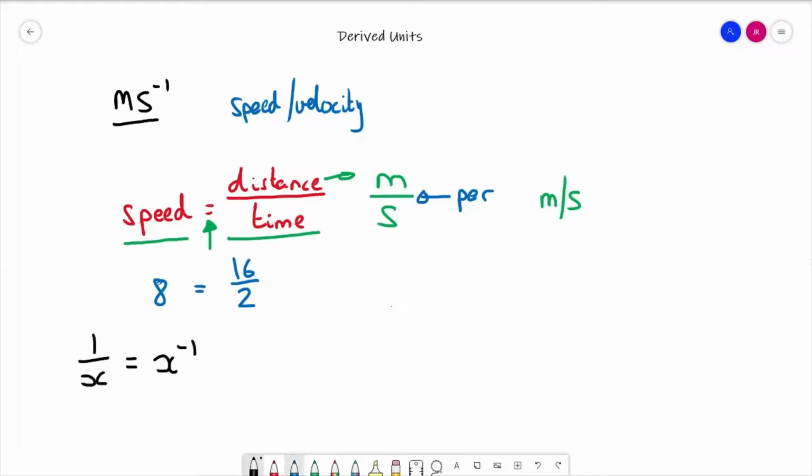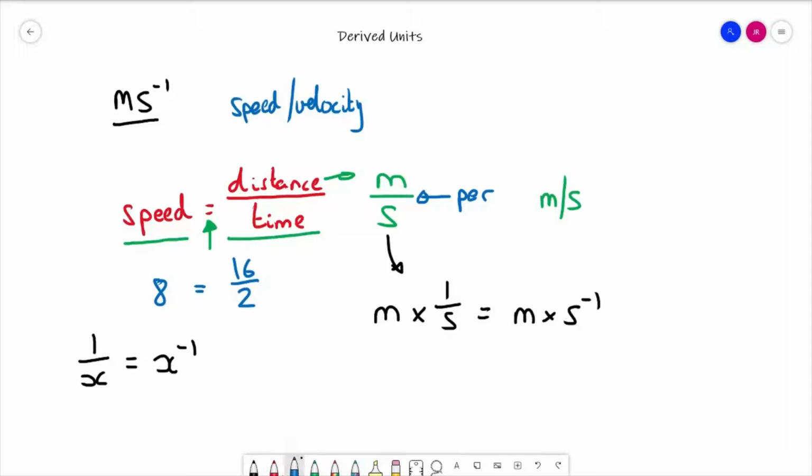Now, when we come back to metres per second, we can also write metres divided by seconds as metres multiplied by 1 over seconds. And then, because 1 over x is the same as writing x to the -1, we can now rewrite that as m multiplied by s to the -1.